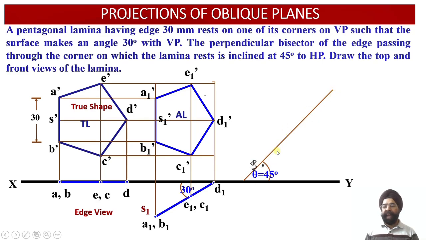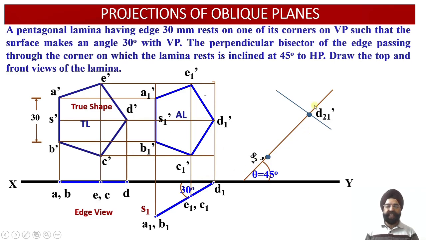So now we can mark 2 points over here. One point we can mark as D21 dash, and the second point we can mark as S2 dash over here. So we know that the true length is represented by D21 dash, and this is the first point of this true length, which is S2 dash.